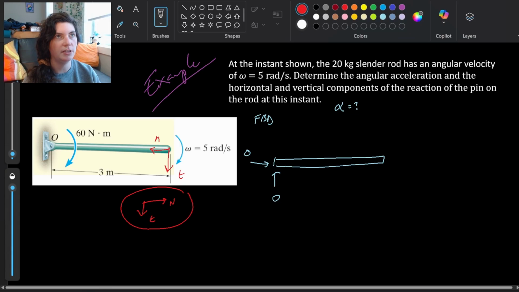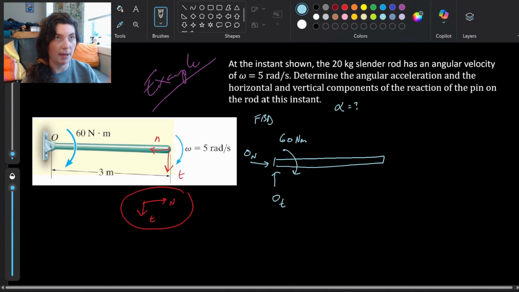And what I'm going to have here is my normal and tangential components of this pin reaction, right? So I have O in the normal direction and O in the tangential direction. So I've got those. I've also got that applied moment of 60 newton meters, it looks like it's acting at point O. And this rod has a weight, right?